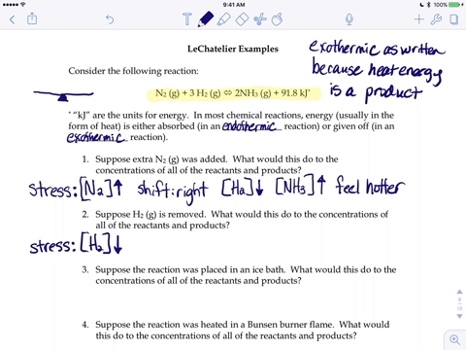And if we remove some hydrogen, so it's in balance, but pretend like those are little kids sitting on that teeter-totter. If we took some hydrogen, which is on the left-hand side, we took those kids away. Now suddenly the NH3 side of our teeter-totter is going to be heavier because there's no hydrogen on the other side to balance it out.